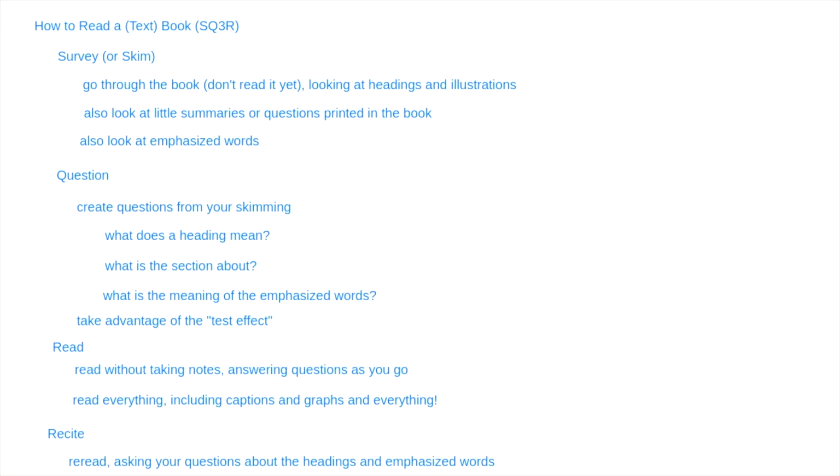And it's also handy because it's big enough that I can take notes on things if there is something I especially want to make note of as I'm reading. But it's also the thing I use for the recitation. And so I have this big piece of paper. And the nice thing about this big piece of paper is I can use it, and otherwise I use my hand if I don't have a piece of paper handy, and I cover up everything so that I can just see the heading.